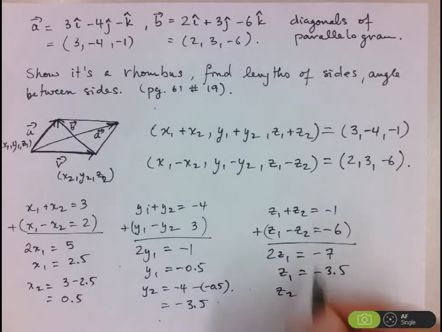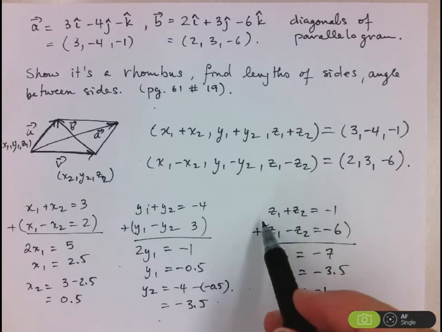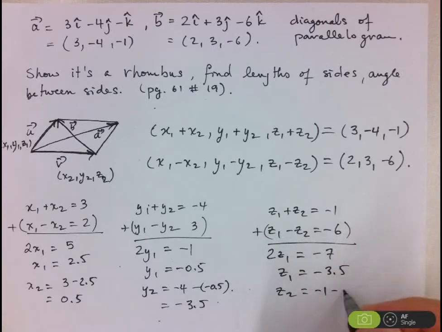For z2, if I take this equation here, it will be negative 1 minus the negative 3.5, and what do we have? Negative 1 plus 3.5 is 2.5.